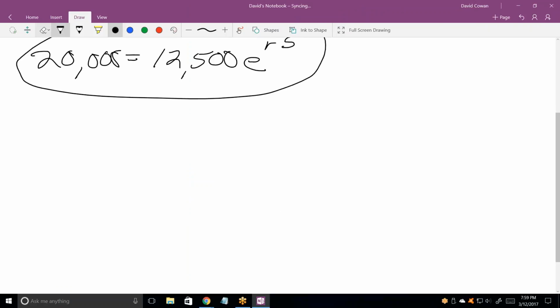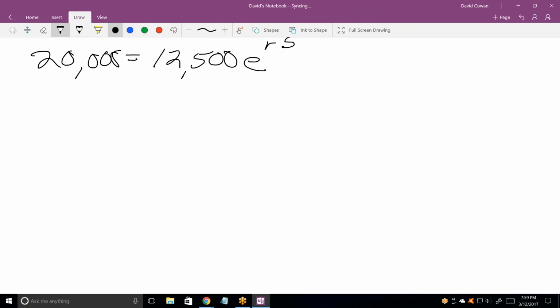Okay, let's see. Divide by 12,500. What do you get on the left? 8/5 or 1.6. Either one is fine. That's equal to e to the 5R. I just switched the order of the R and the 5.